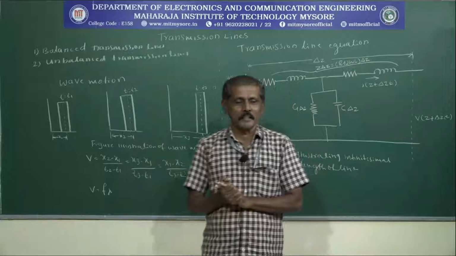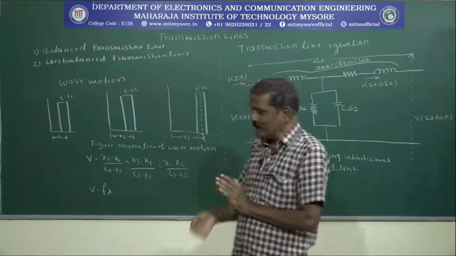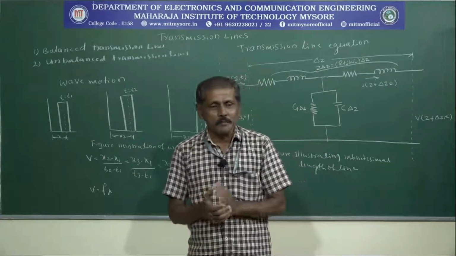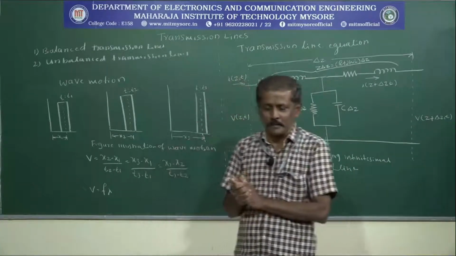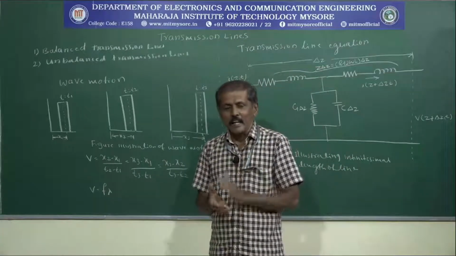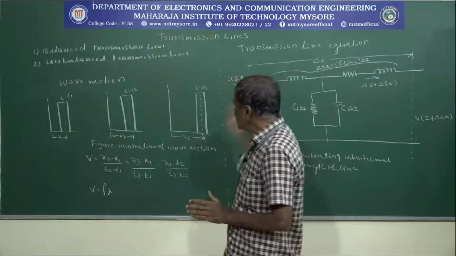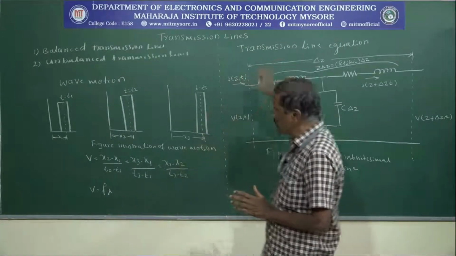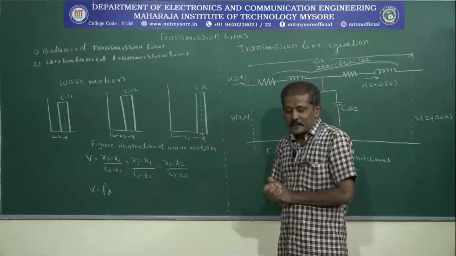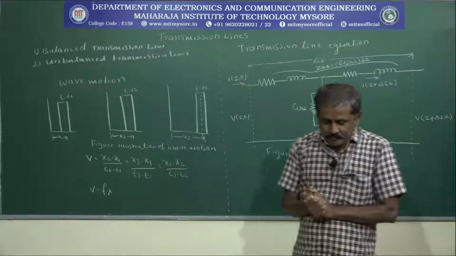But for microwaves, the resistors and inductors are taken as distributed, which means throughout the length of the line the inductors and resistors are present. Therefore, in microwave communication circuits, these parameters are taken as distributed parameters.